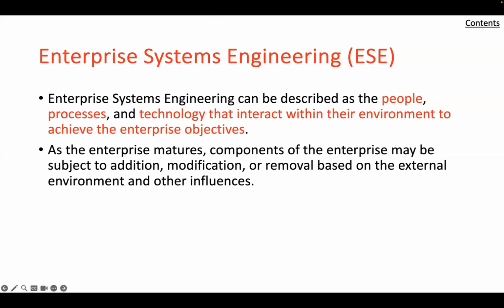Traditional systems engineering that focuses on single systems may not be adequate to address these enterprise challenges due to the lack of additional factors such as people, processes, and technology that would address these issues.